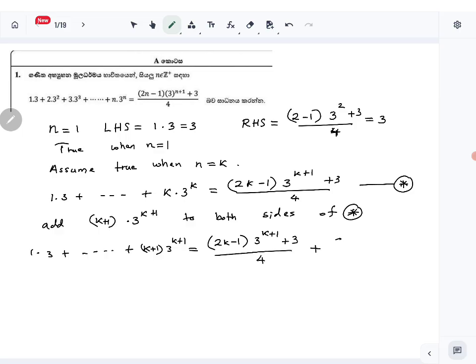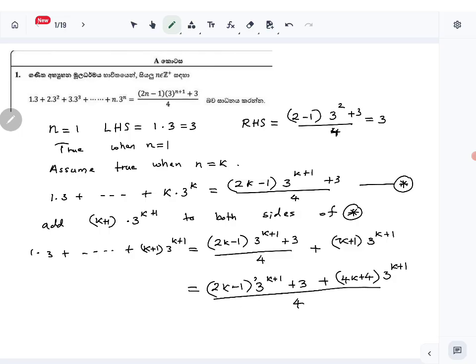So we have (k plus 1) times 3^(k+1). Right. Take the common denominator and simplify. (2k minus 1) times 3^(k+1) plus 3, multiply by 4, you get what? (4k plus 4) times 3^(k+1), over 4.